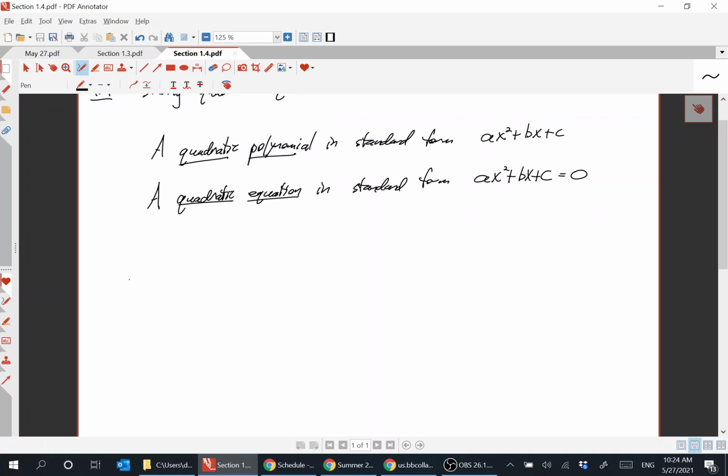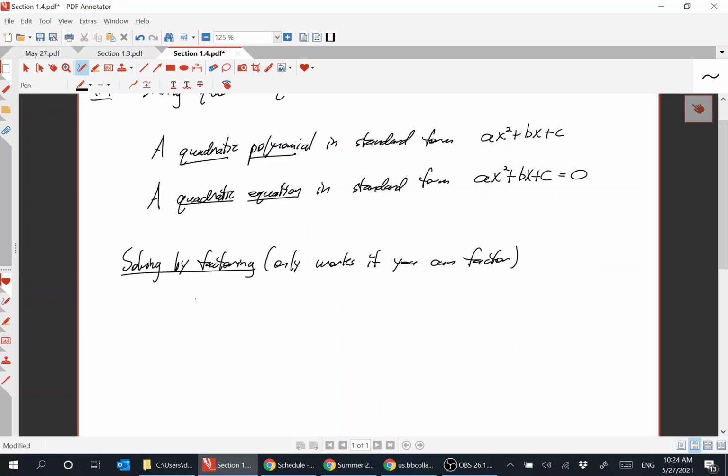So there are three basic methods for solving. The first method is the easiest, but it doesn't always work: solving by factoring, and this only works if you can factor.